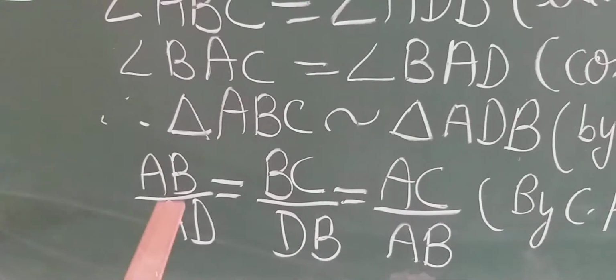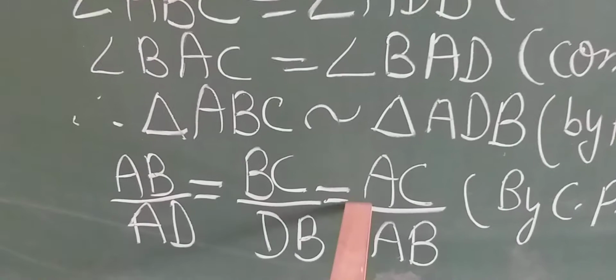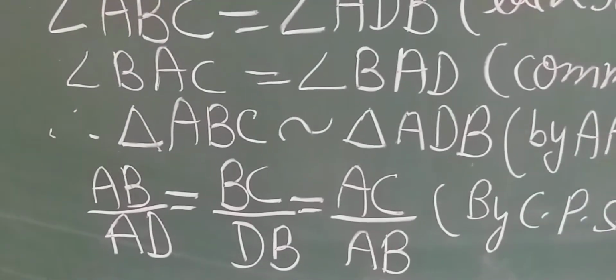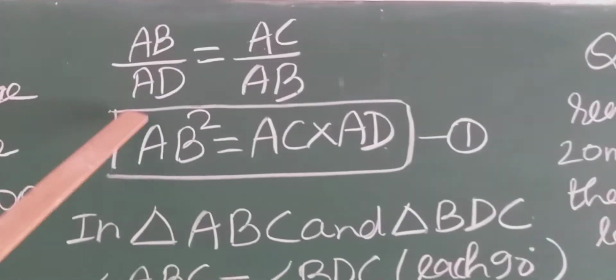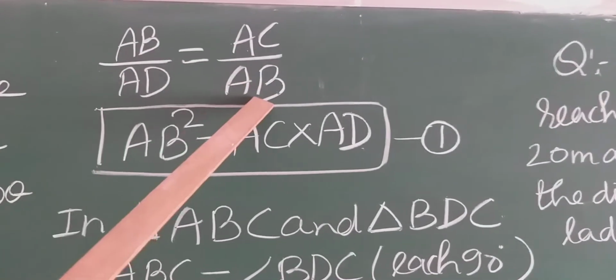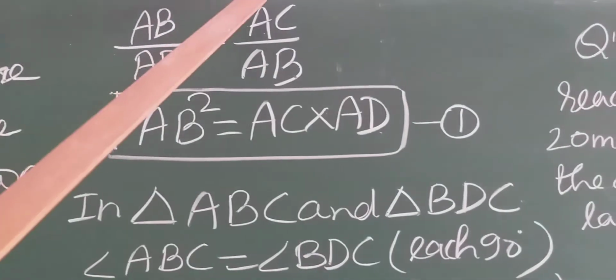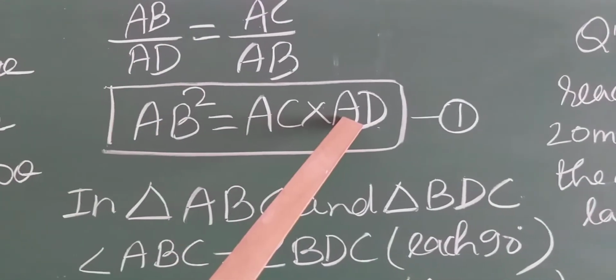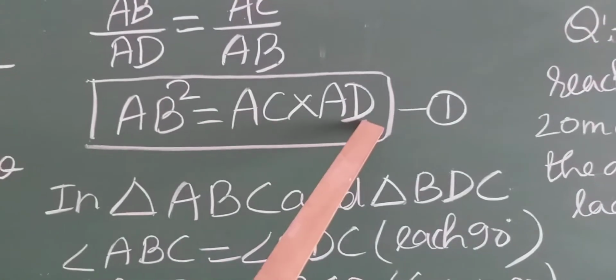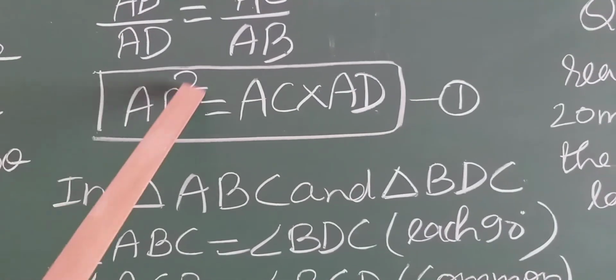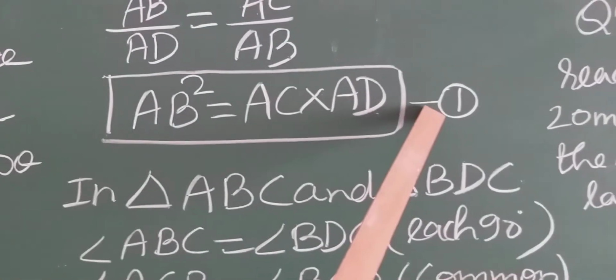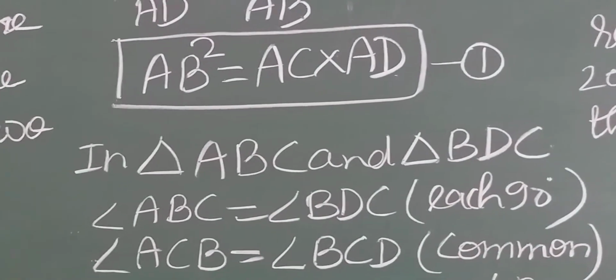So that's why we are going to take AB upon AD equals to AC upon AB. Now students, AB square equals to AC into AD by cross multiplication method. Students, we have got AB square. This is equation number 1.